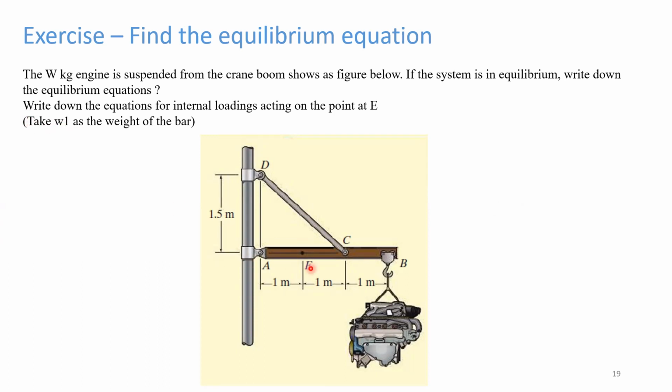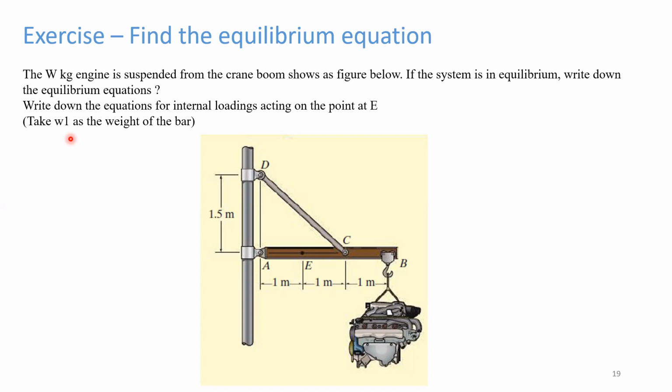Write it down, and it mentioned the bar weight is W1. W1 is the bar weight. This is the weight of the engine, capital W, and this W1. Or you can use simple W. Both are not a big issue.